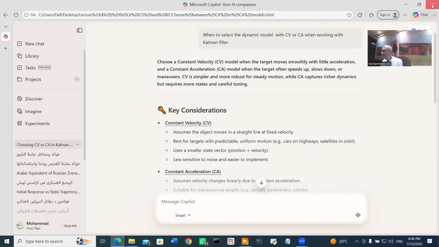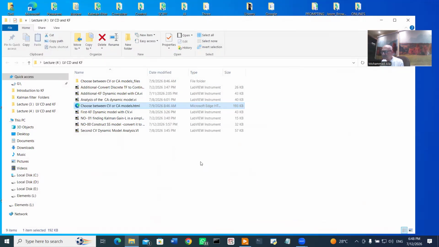This is what I wanted to tell you about the dynamic models in the Kalman filter. So as you see, sometimes it makes sense to begin modeling the filter by using constant velocity. And if you find that it is giving unacceptable or inaccurate results, you can change the parameters to the constant acceleration model.